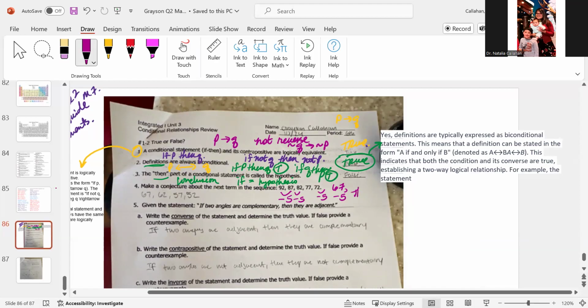You just say the pattern is minus 5. The sequence continues with 67, which is the next number, then 62, 57, 52.